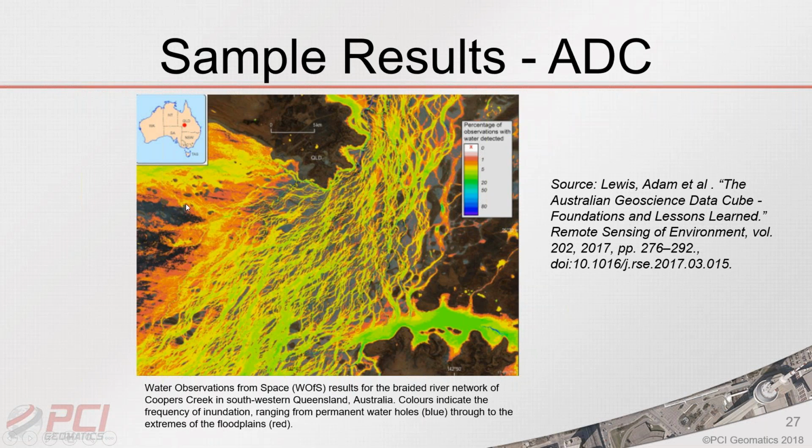But this, again, is an information product that could be very useful for policy making and for informing decisions. For example, if you're in an emergency management situation and you would like to know what the probability of flooding is going to be, based on actual flooding having occurred in the past within certain river basins, this could be a very useful information product to have. And it's only possible to generate this information through multi-temporal analysis.